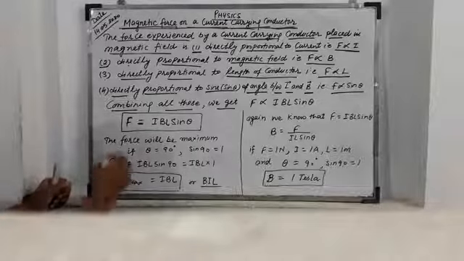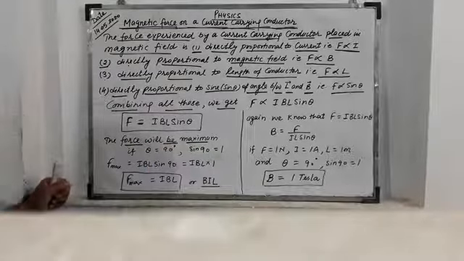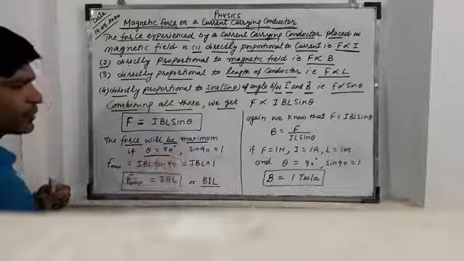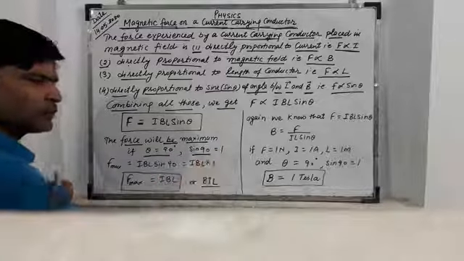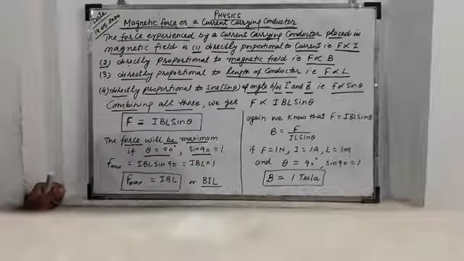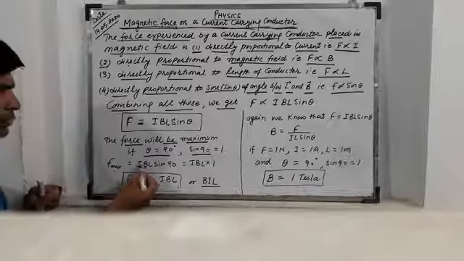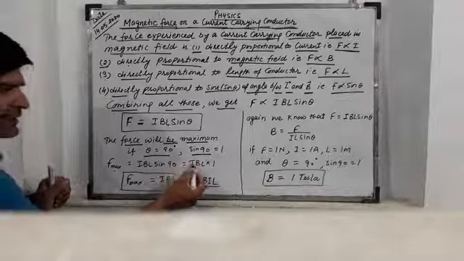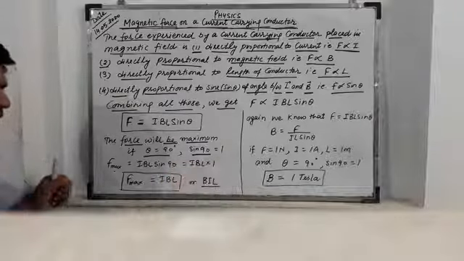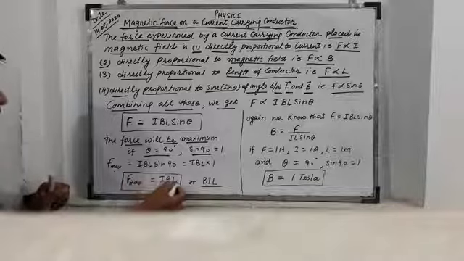The force will be maximum when theta is equal to 90 degrees, then sine 90 is equal to 1. So F maximum equals IBL sine 90, which is IBL into 1. Then we get F maximum is equal to IBL.